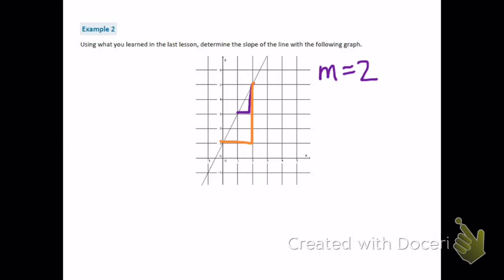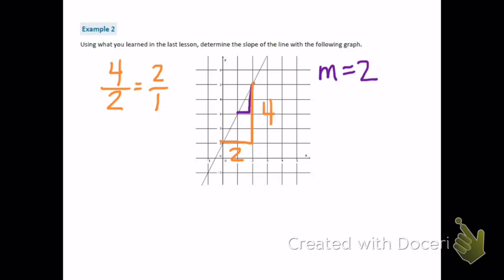All right, and so there's another triangle, and if we look at that ratio of how far up we go to how far over, we're going to get a height of 4 and a change of 2 here, 4 to 2. A ratio of 4 to 2 is the same thing as a ratio of 2 to 1.